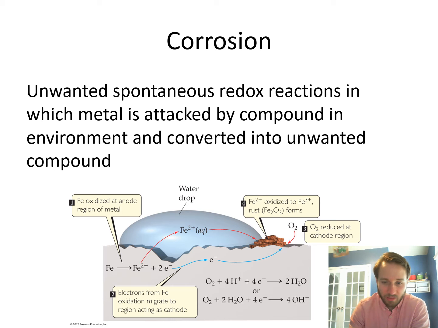You form, say, iron oxide on iron. And again, that occurs when it gets wet and that water is on the surface. That then creates the extra reactant needed for some sort of redox reaction to occur.